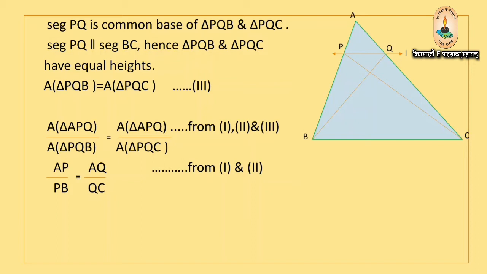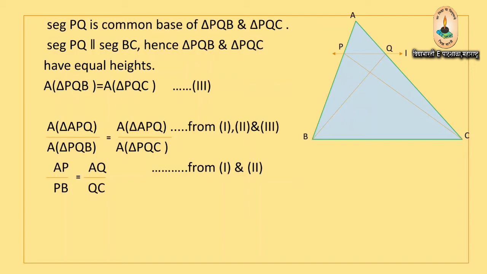Now from 1, 2 and 3 we write area of triangle APQ upon area of triangle PQB equal to area of triangle APQ upon area of triangle PQC.